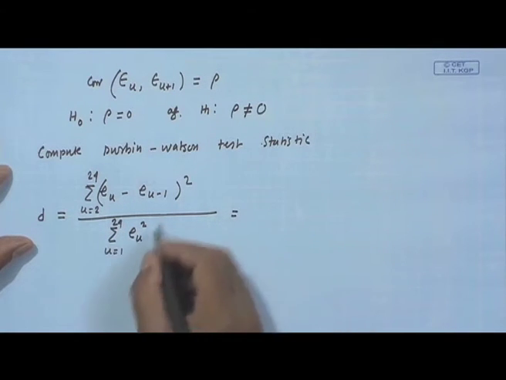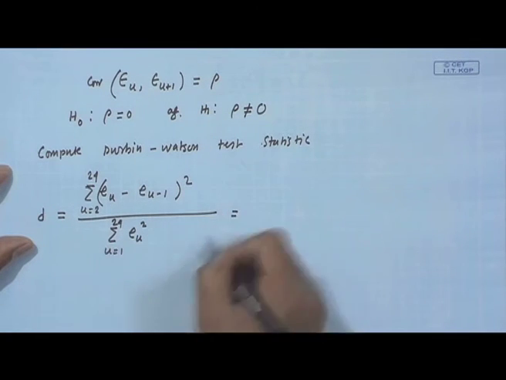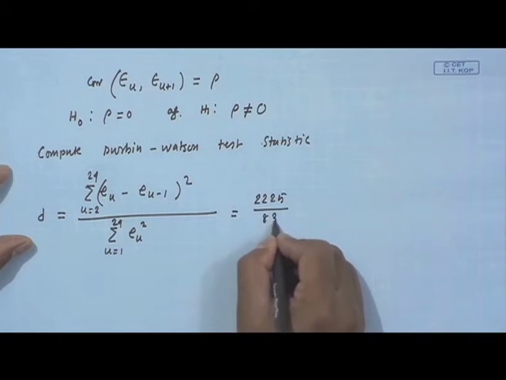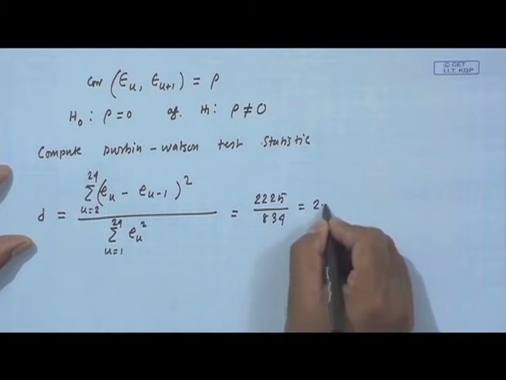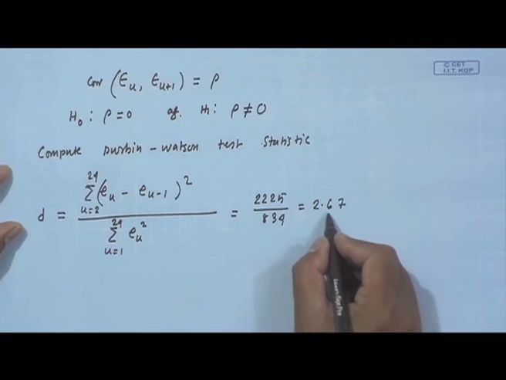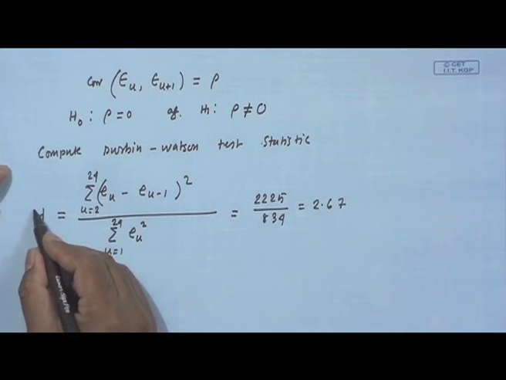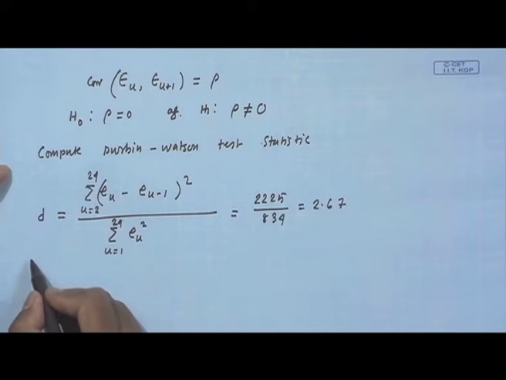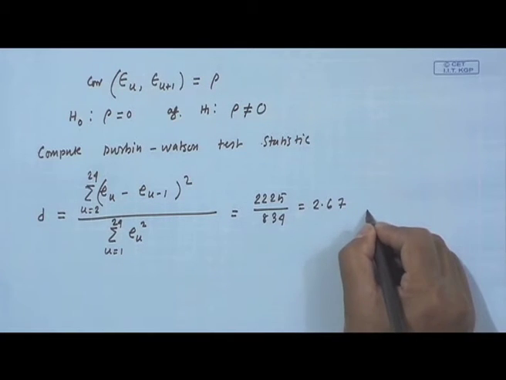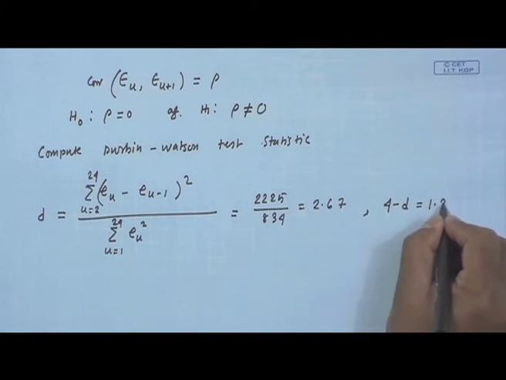You are given E u for u equal to 1 to 24, so we can compute this. This is 2225 by 834, which is equal to 2.67. So, my D is 2.67. The range of D is from 0 to 4, and it is symmetric about 2, so we compute 4 minus d also. 4 minus d is equal to 1.33.